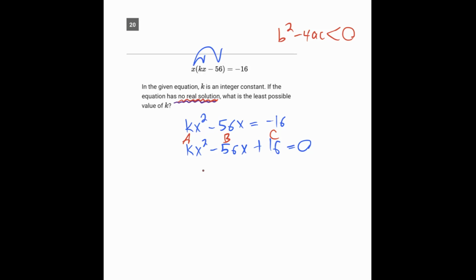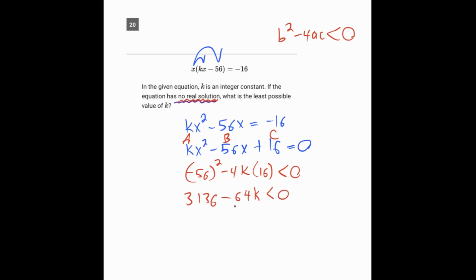And so b squared, negative 56 squared, minus 4 times a, which is k, times c, which is 16, and that's negative. So what's negative 56 squared on a calculator? 3,136. 4 times 16 is 64, so this is minus 64k less than 0.